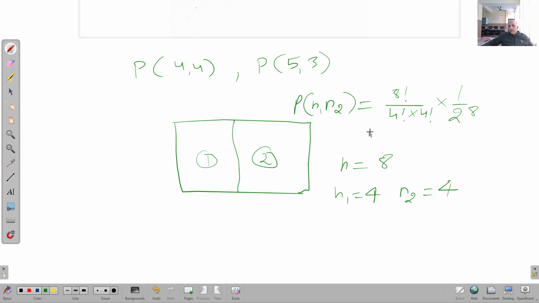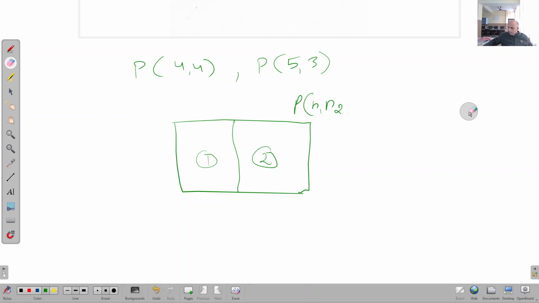Clear? So when you will simplify it, you know how to simplify this expression. You know very well how you can simplify the factorials. So after simplification, you will get 35 divided by 128.